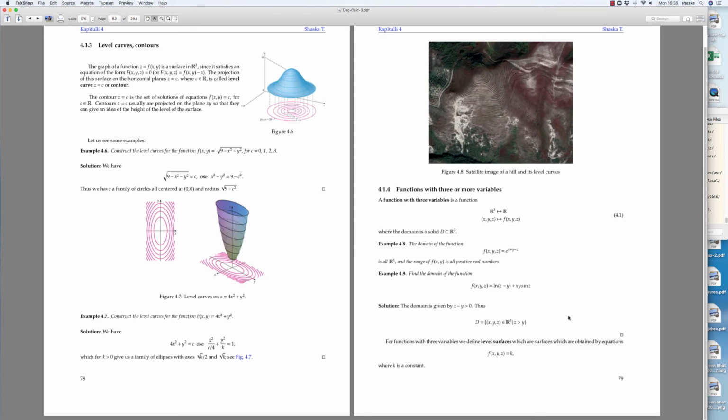So, level curves, or contours, we call them. These level curves are very interesting, and they show up in a lot of applications. Let's define them and see what they are. Suppose the blue one here is some surface that is the graph of a function with 2 variables, right?